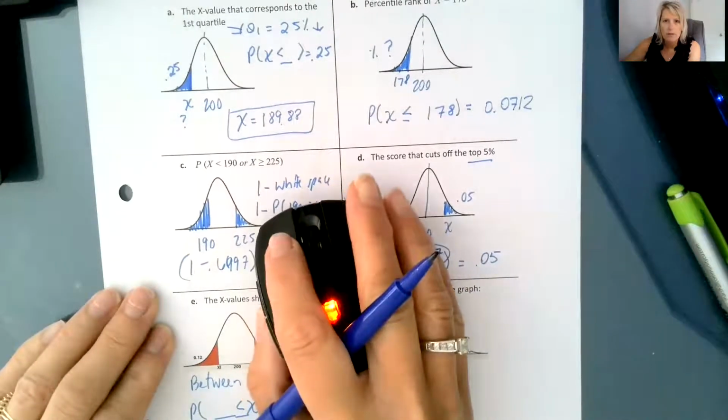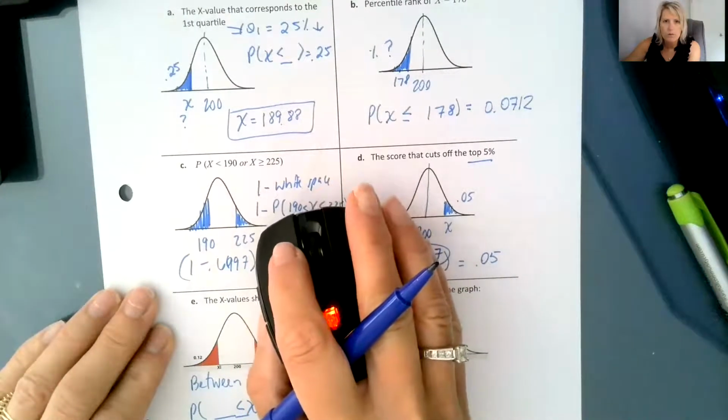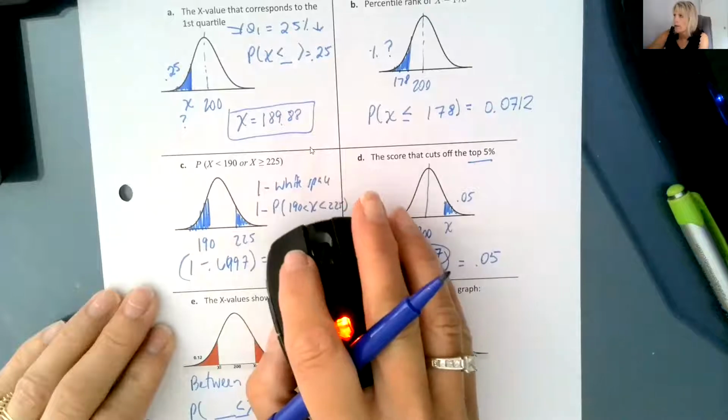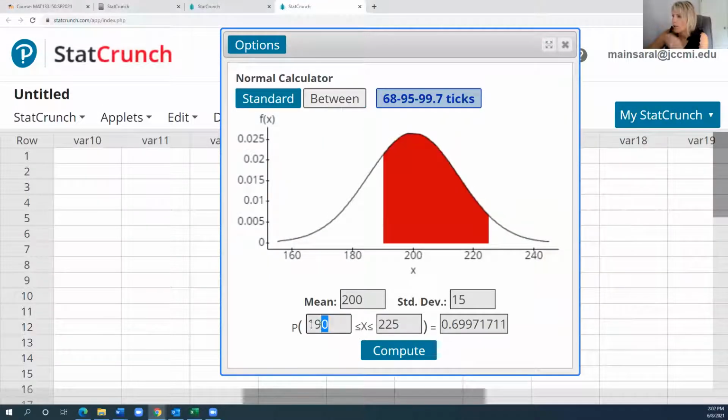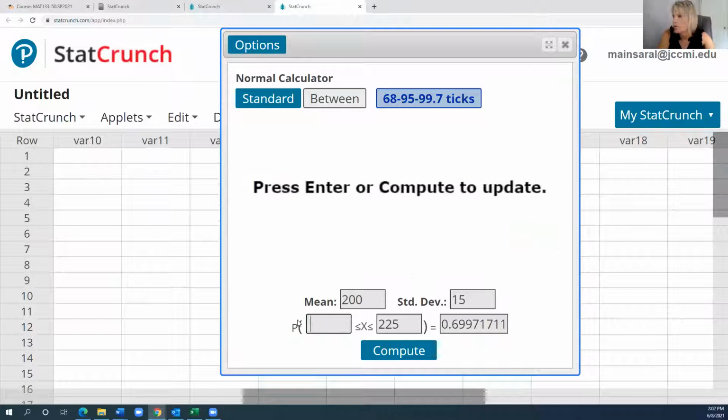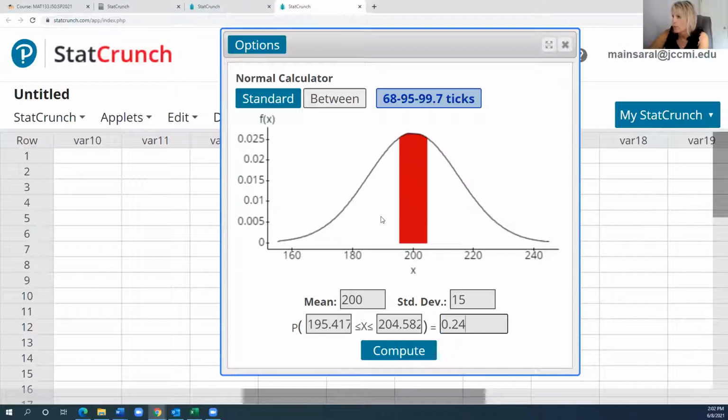So let's go to StatCrunch and check this out here. So we have to choose between, and we don't know the values, but we do know that the area is 0.24 together. So there's 0.12 over here. Oh, no, we know that the area is 1 minus 0.24, right?